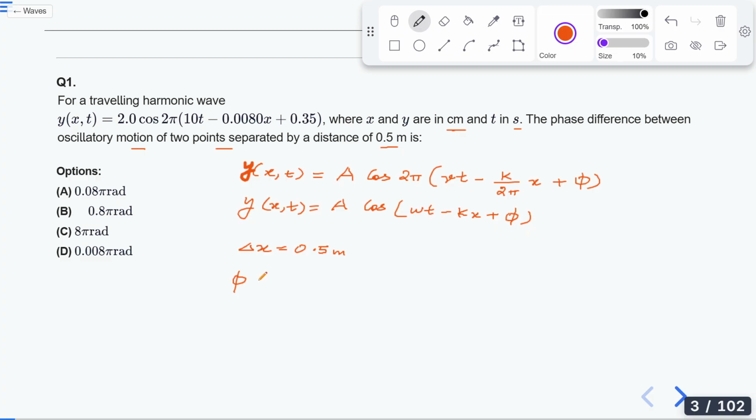So how can we calculate the phase difference? What is the relation between phase difference and path difference? That is 2 pi by lambda into path difference. And what is this 2 pi by lambda? That is k. K is 2 pi by lambda.